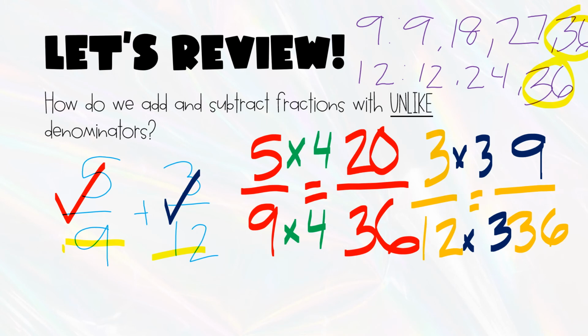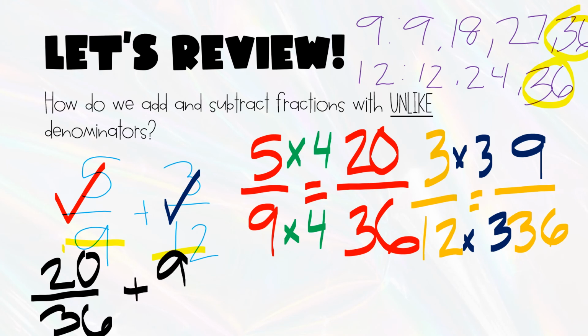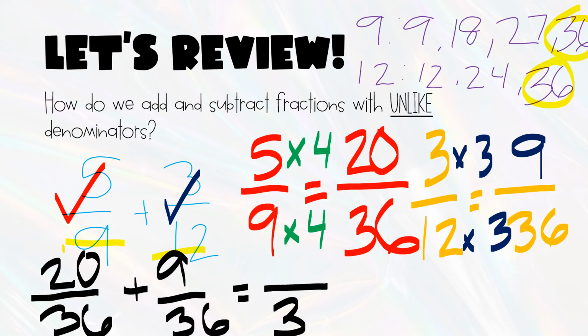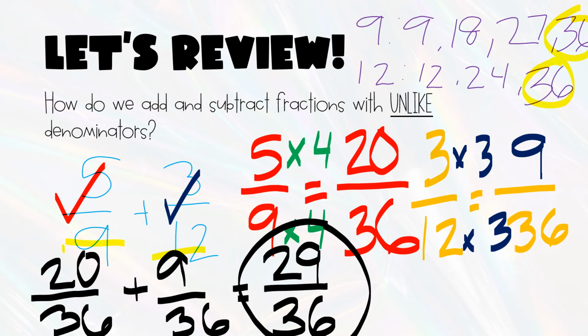So I'm really adding 20 over 36 plus 9 over 36. My denominator stays the same, so 36 stays there, and then 20 plus 9 is 29. So my final answer is 29 over 36.